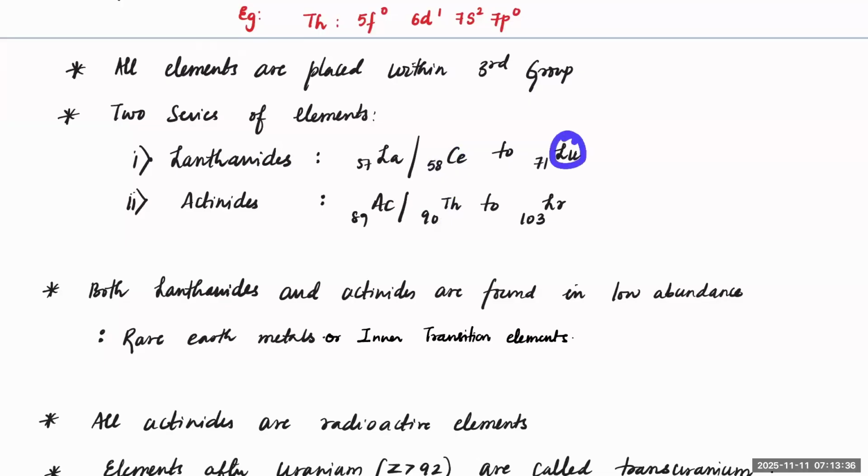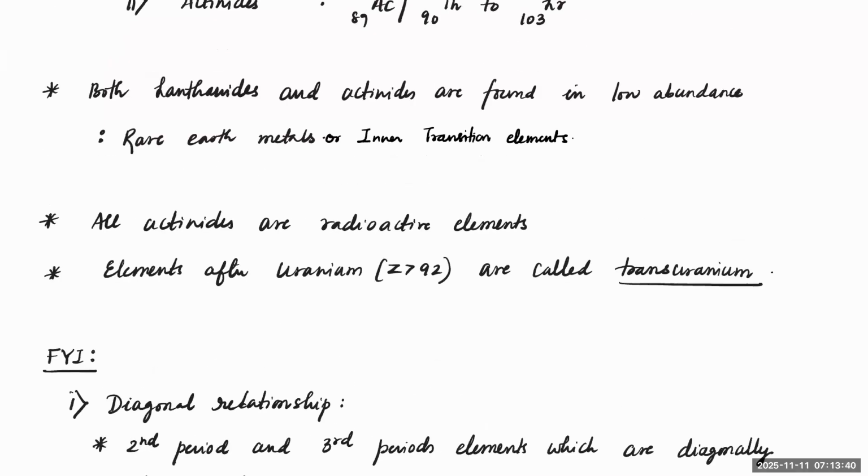Both lanthanides and actinoids are found in low abundance, right? So we call them rare earth metals or the inner transition elements.